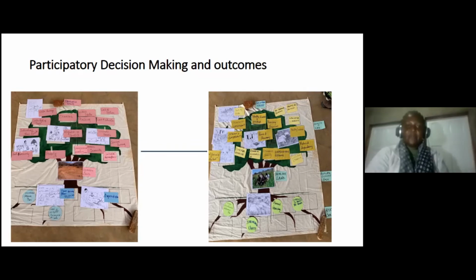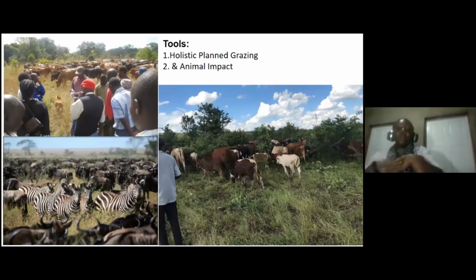And then these are the tools of holistic planned grazing, which is a very intricate planning process, but also very simple because it helps communities understand their land, but also plan movement of their animals. So let's look at this herd here. And you can see one animal is moving, but also animal impact on the soil.